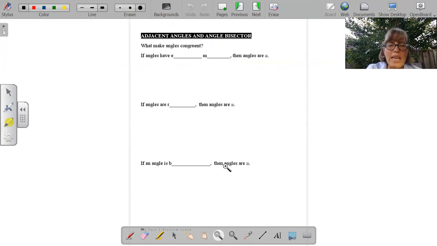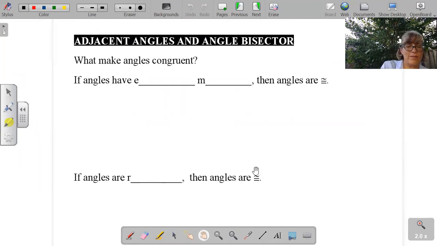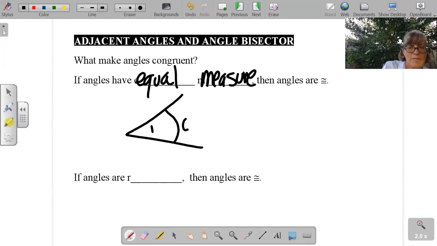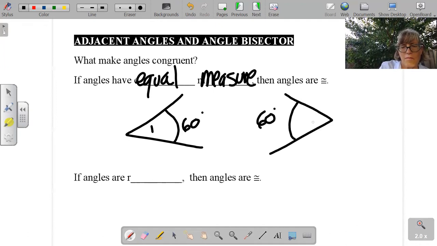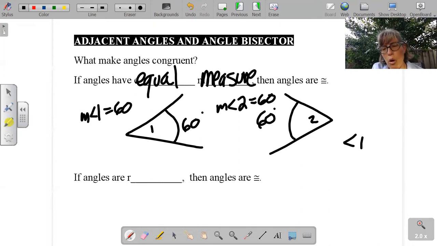Now we're going to talk about what makes angles congruent. And we have 5 different things that make angles congruent. So if angles have equal measure, they're congruent. If the measure of angle 1 equals 60, measure of angle 2 equals 60, then we would say angle 1 is congruent to angle 2, equal measure.